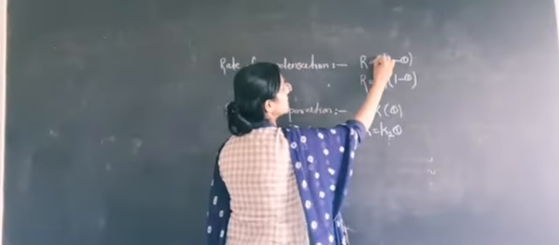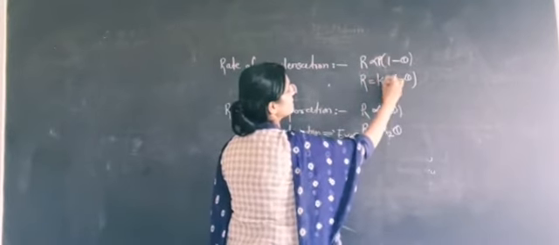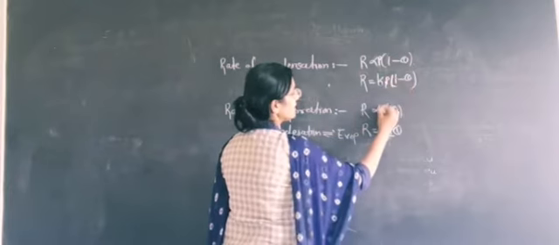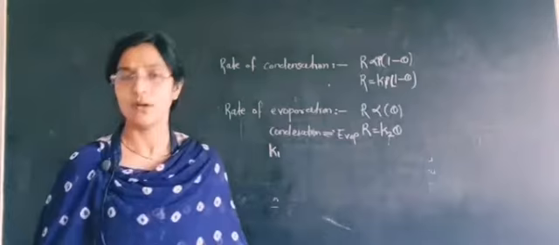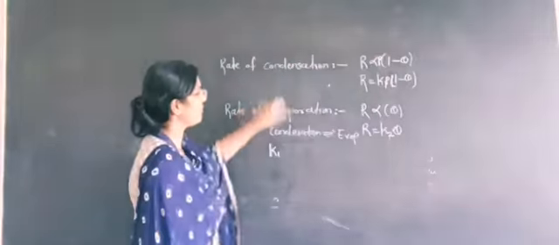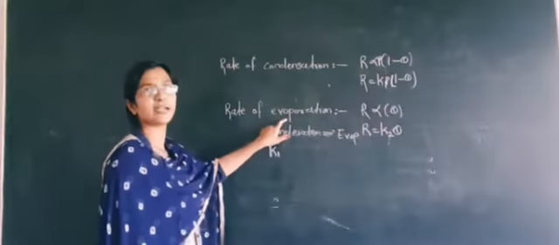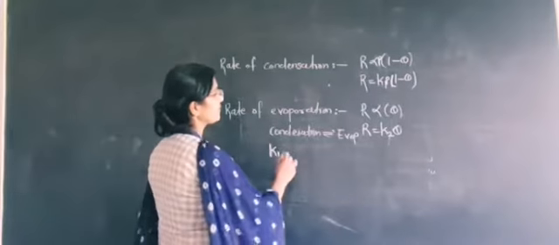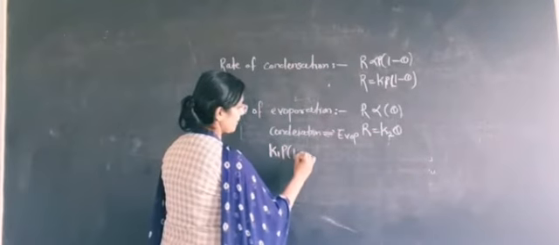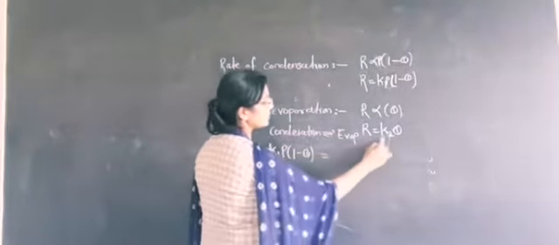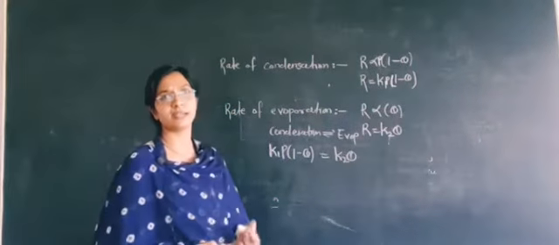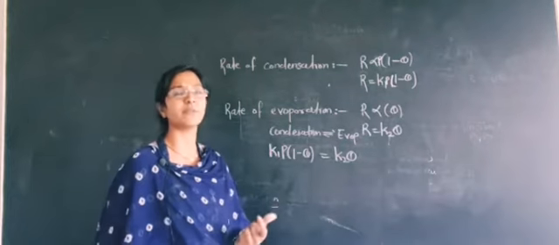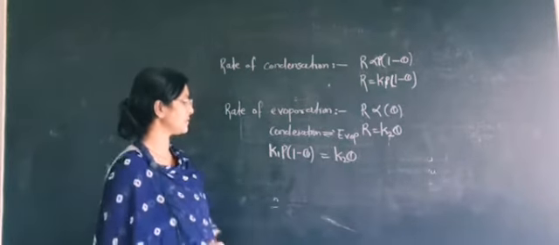The pressure is a very important term, you should write it down here. Both the condensation and evaporation processes take place at a constant temperature. K1P(1 minus theta) is equal to K2 into theta. K1 and K2 are the proportionality constants for the condensation and evaporation processes.